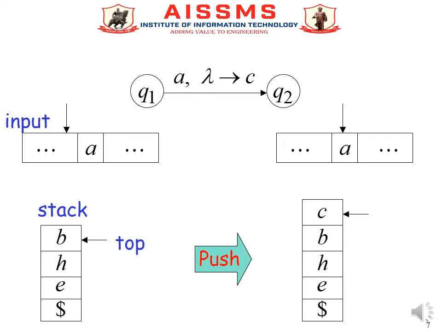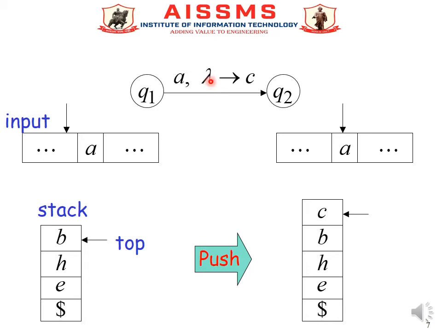Now, let us understand the push operation. Here again we are at the Q1 state. A is the current input symbol. Top of the stack is pointing to B. Here C is the symbol to be pushed onto the stack, and nothing is to be popped.